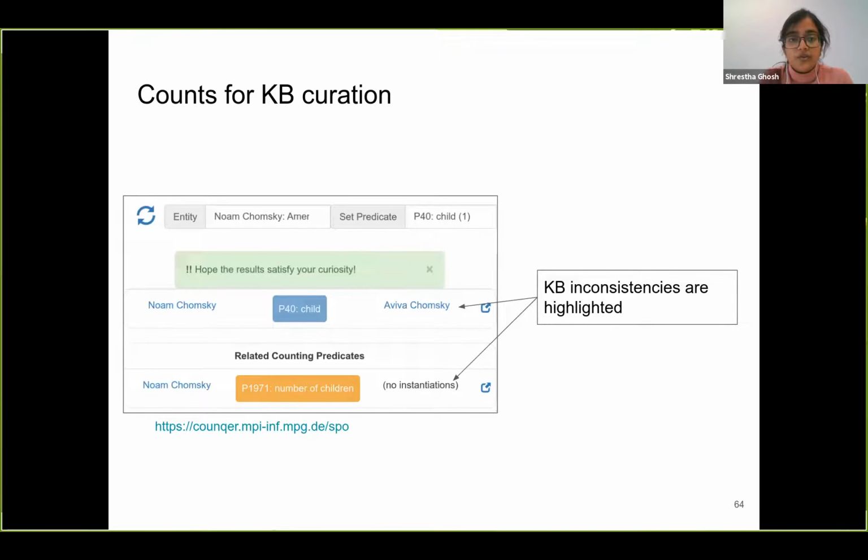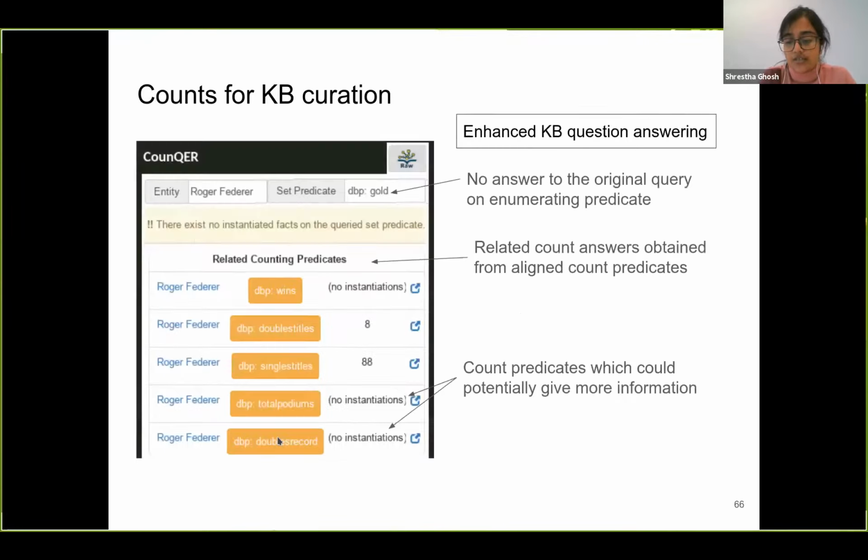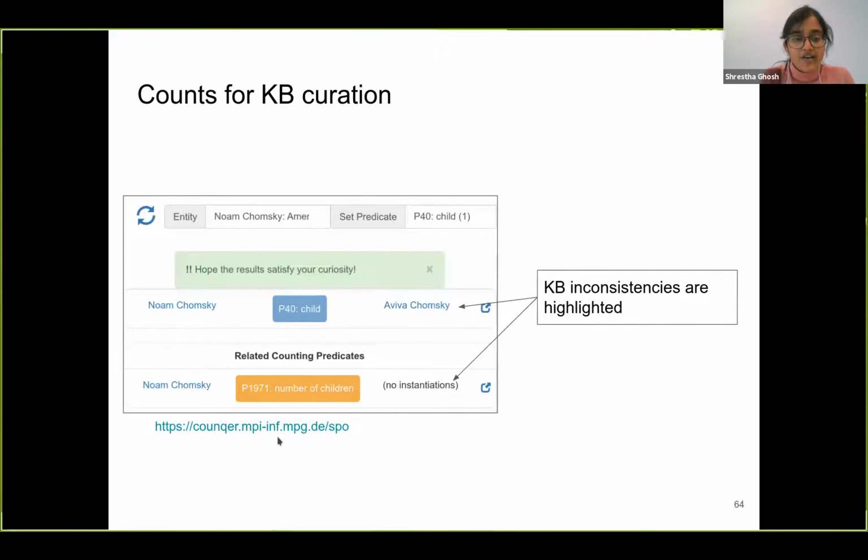Here we have a demo that you can go and play with, which is a very simple SPO query system where you have an entity and you search for a particular counting predicate, either counting or enumerating, and it returns the answer for the query that is being made and also the related predicates if they exist.